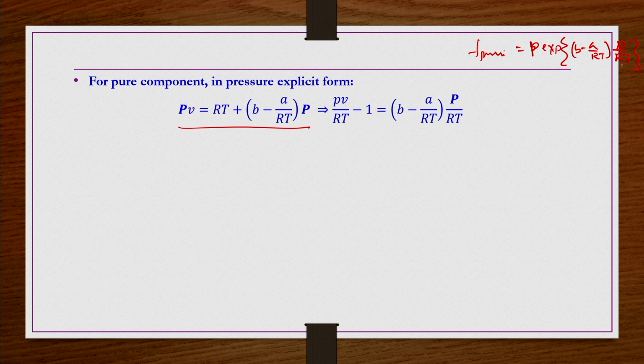But if I write the same equation of state as a kind of pressure explicit form and then obtain the fugacity coefficient of that pure component i, am I getting the same thing or not? That is the cross-checking we are doing. We have already done it for a component i in a mixture. Now, we are taking the same concept, the same equation of state, but for a pure component.